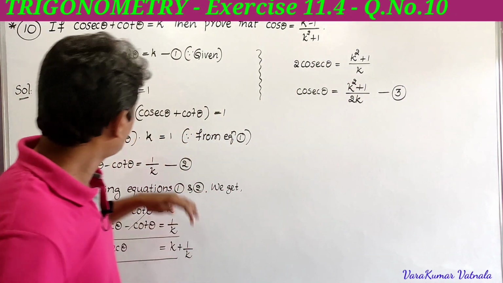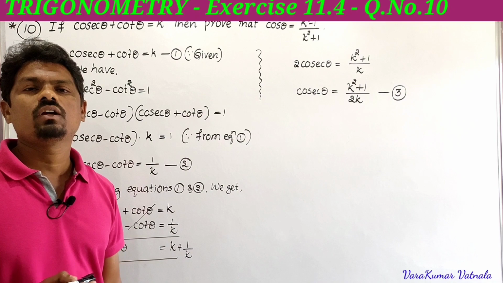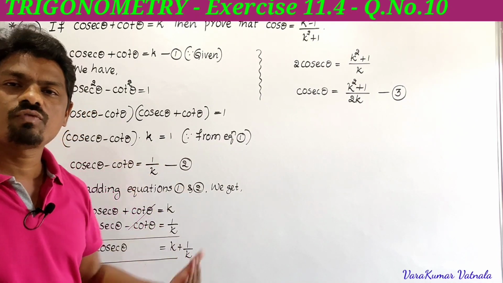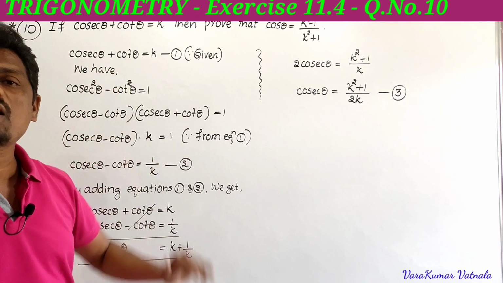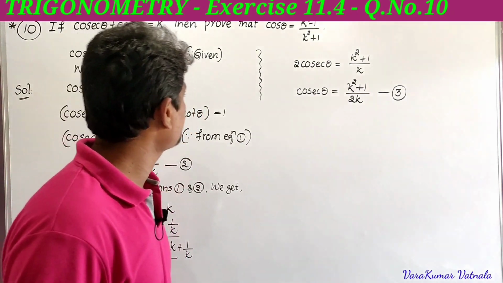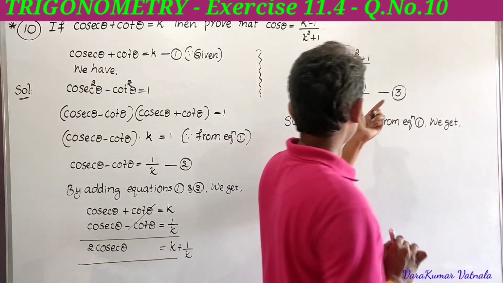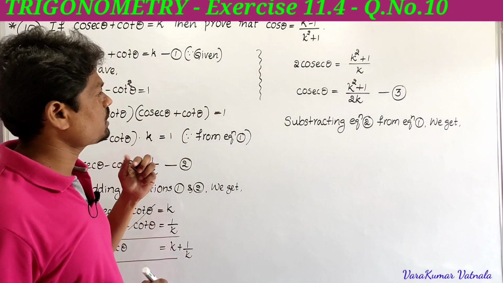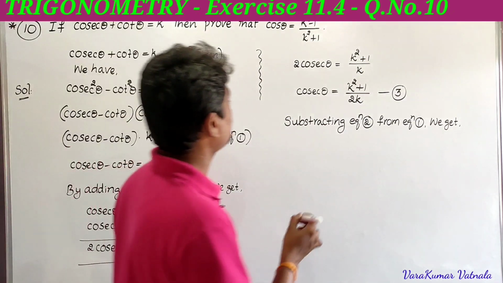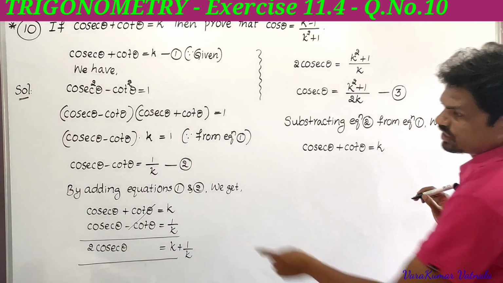So now we have to subtract equation 2 from equation 1, then we get cot theta value. What is equation 1? Cosec theta plus cot theta equal to k. Next, what is equation 2?